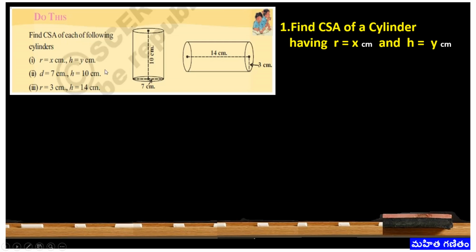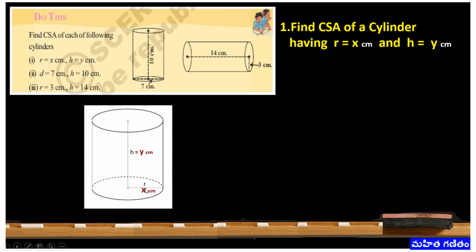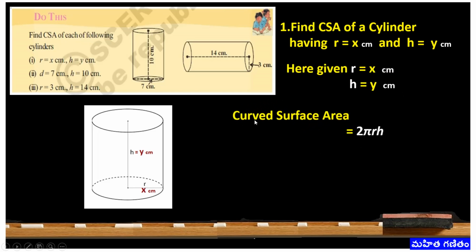Given r is equal to x centimeters, h is equal to y centimeters. Write the formula for curved surface area, that is 2 pi r h. 2 into pi into r means x, h means y. That is 2 pi x y square centimeters. First problem is over.